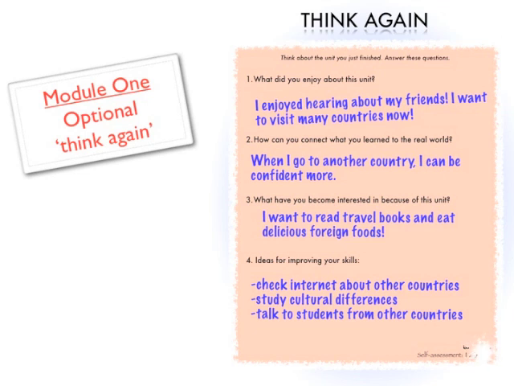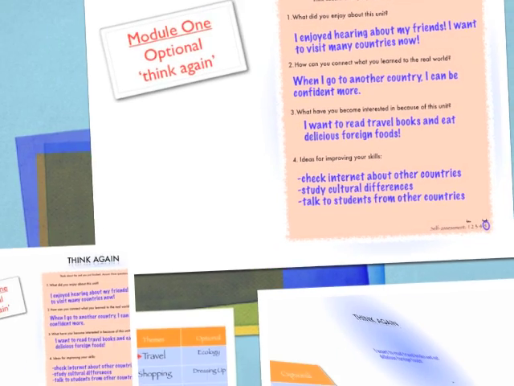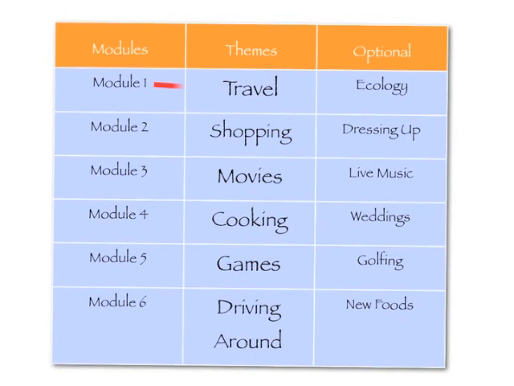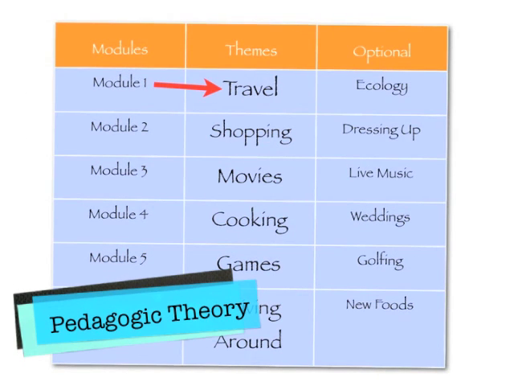Self-assessment. He gave himself a 5. Okay, all right. And so that's how one module ends. So they finished Module 1, okay? And that was on travel.